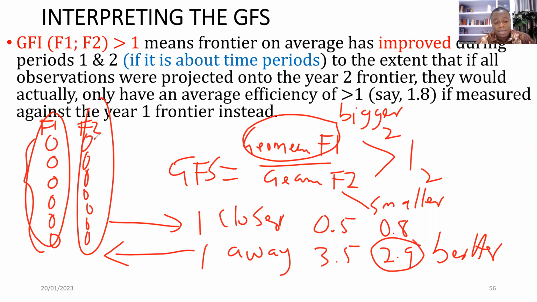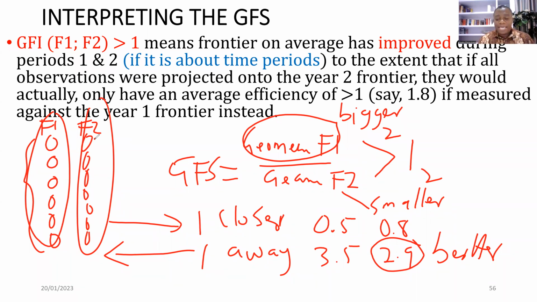Then I take the geo mean of the foreign firms, and I got 1. All of them together. What would you say about the score? So the foreign firm outperformed the local firms by 30%.